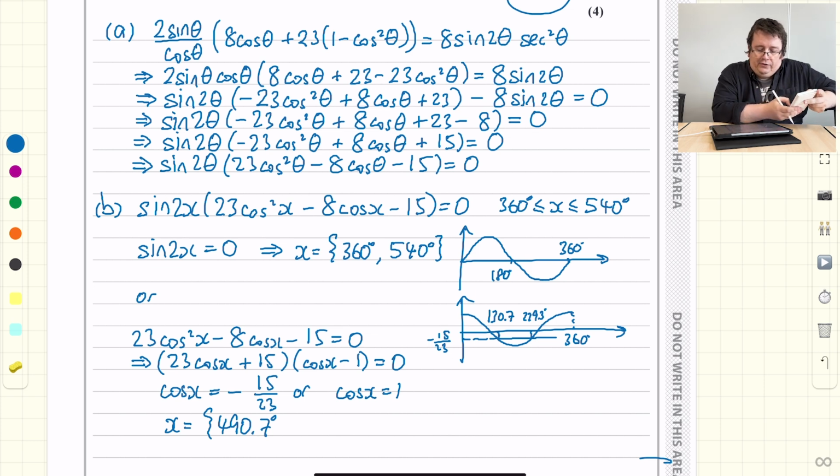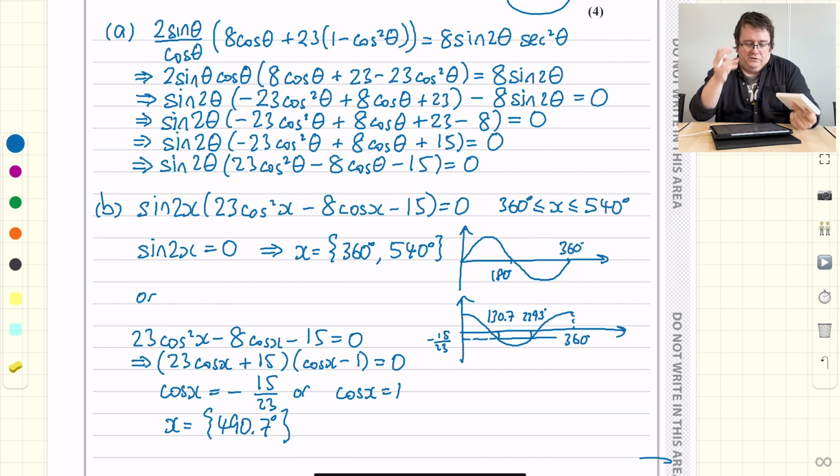And if you add 360 to the 229, you get 589, which is outside the range. So we're only going to get one solution. Don't know why it's doing that. Not playing ball to me today. Here we go. So there's only one solution for cosine x is minus 15 over 23.